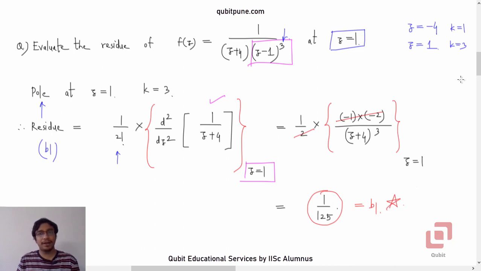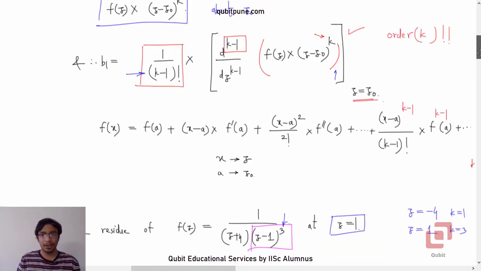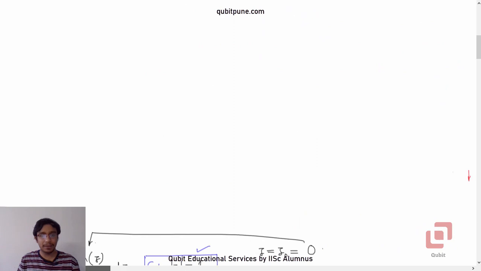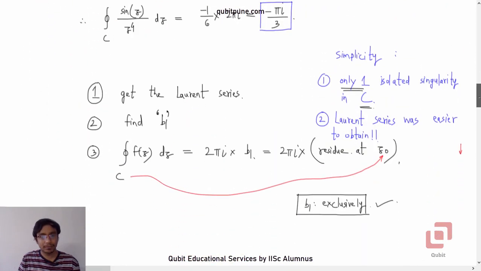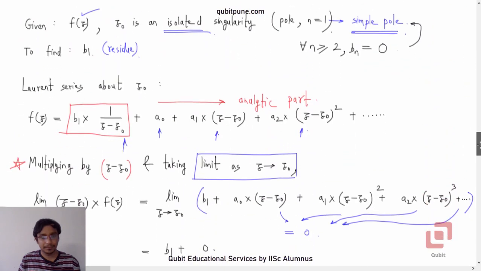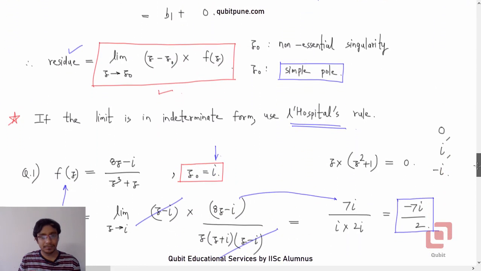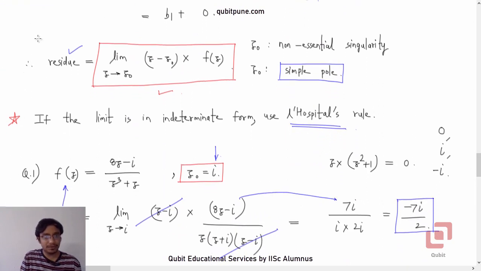So we have now seen three formulas. This formula is applicable for pole of order k, and the two formulas that we had developed earlier are applicable for simple poles.